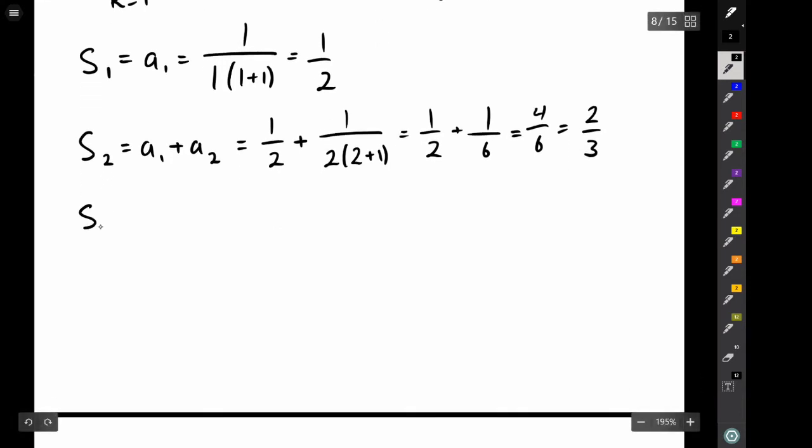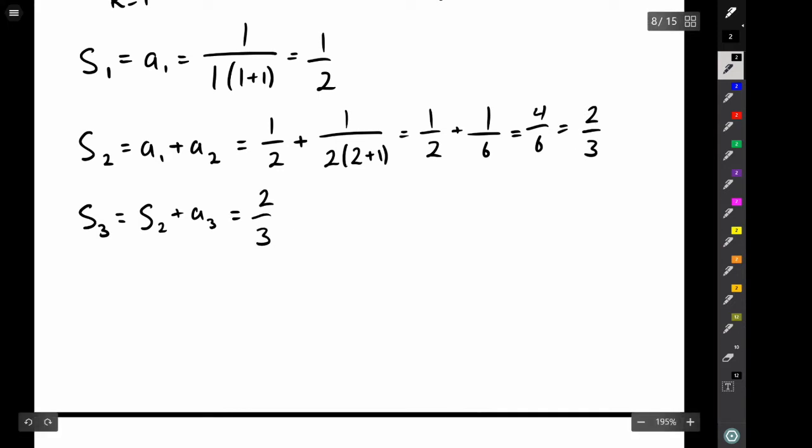Let's look at S3 here. I'm going to look at this in a different way now. This is going to be S2 plus A3. I'm using that as a little shorthand: S2 is A1 plus A2, and then we add A3 to that. I'm doing that because I just want to write 2/3 here.